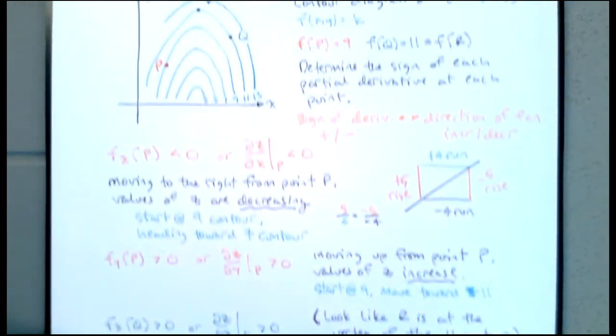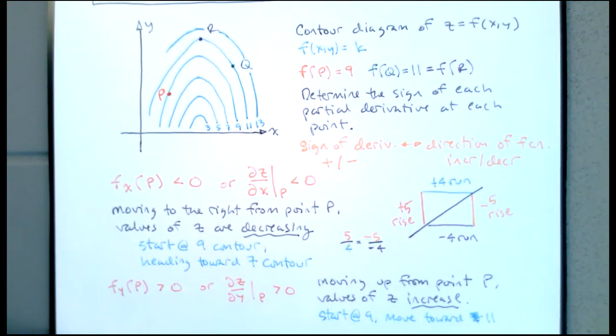So what this problem was about is thinking in terms of graphs, what we're talking about with partial derivatives. We remember that when we're talking about first derivatives with graphs, we're talking about the slope of the tangent line, and that the sign of the slope of the tangent line will tell us the direction of the function.